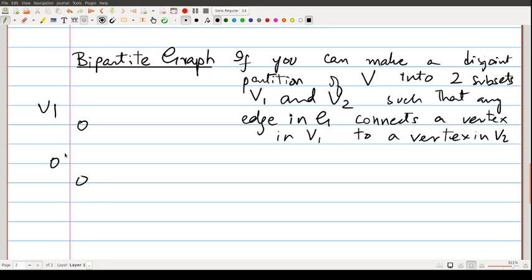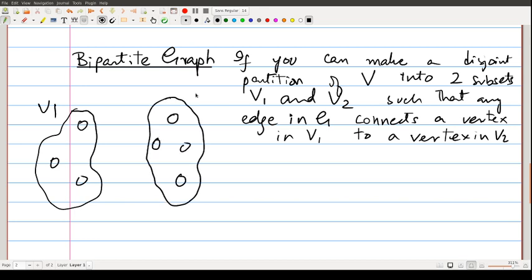So this is V1. Let's say this is my set of V1 vertices and my set of V2 vertices. If my graph is such that I can make this separation, there are only edges that connect vertices in these two, like this, like this, like this, but there shouldn't be any edges that connect two vertices from the same set.